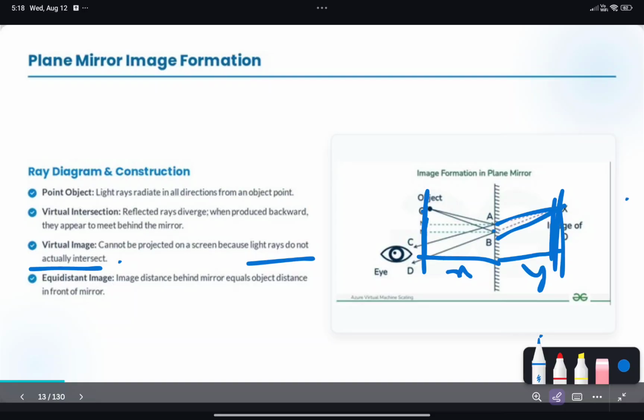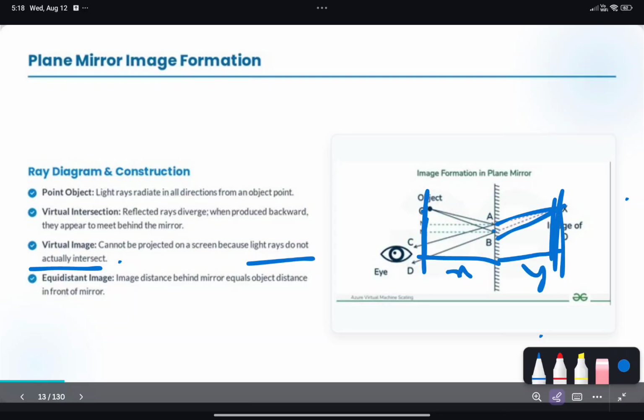Clear? Done? Have any doubt? No. Sure? Yes. This is the image diagram of the formation of the image in a plane mirror. Clear or not? See, one more time, listen carefully. Point object. This is a point object. Light rays radiate in all directions.